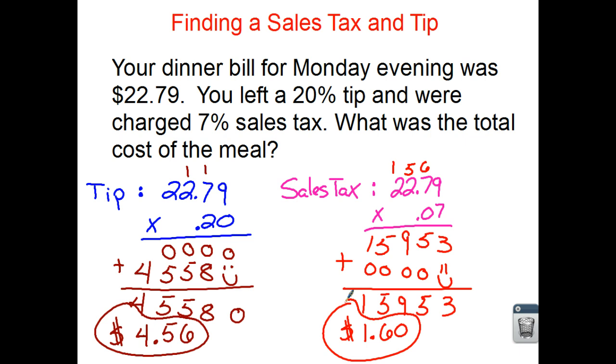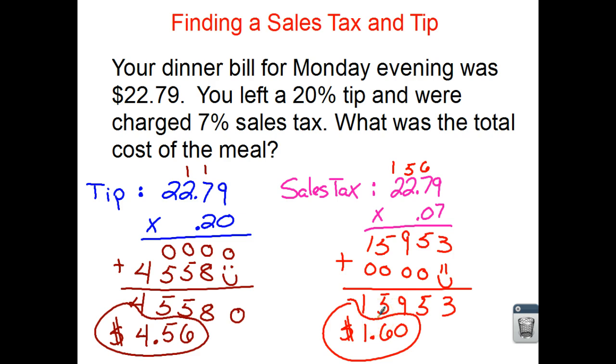And now we need to figure out the total cost of the meal. Now the total cost is going to be the $22.79 added to the tip, which was $4.56, added to the sales tax, which was $1.60.